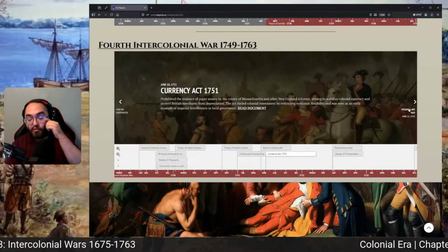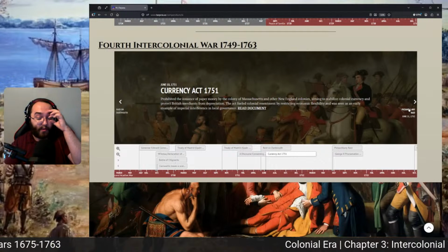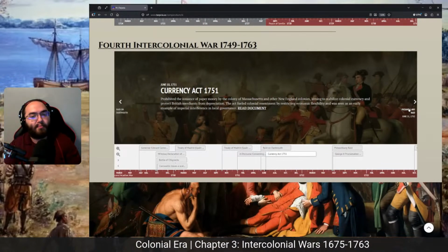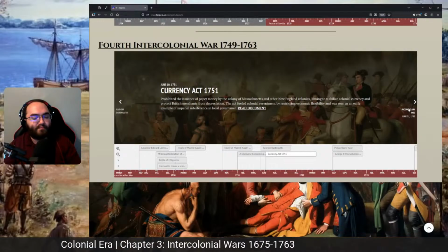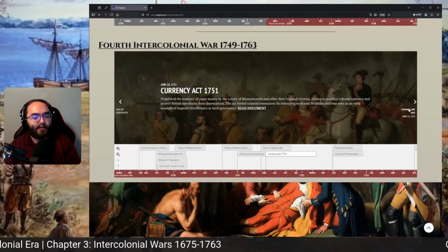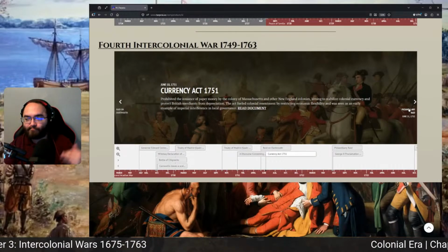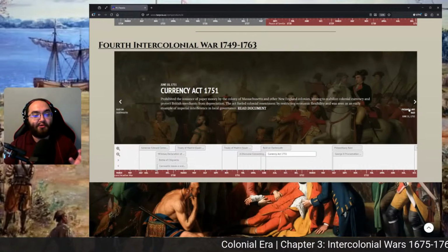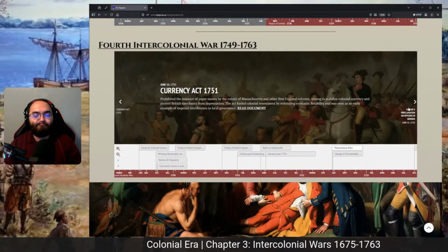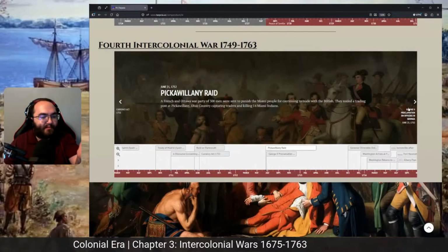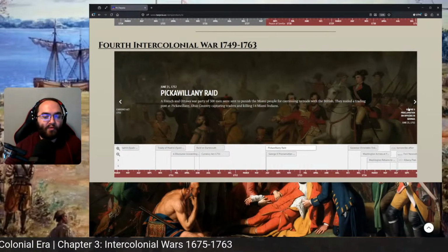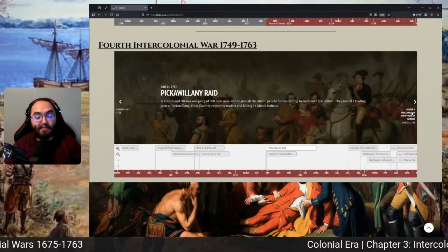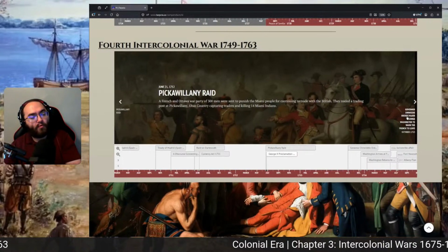There very much were regulations going all the way back to the founding of the colonies, back to James I in the early 1600s. So I don't necessarily agree with the idea of salutary neglect. That's just me based on the evidence that we've compiled so far. Here's yet another raid during the Second Acadian War.